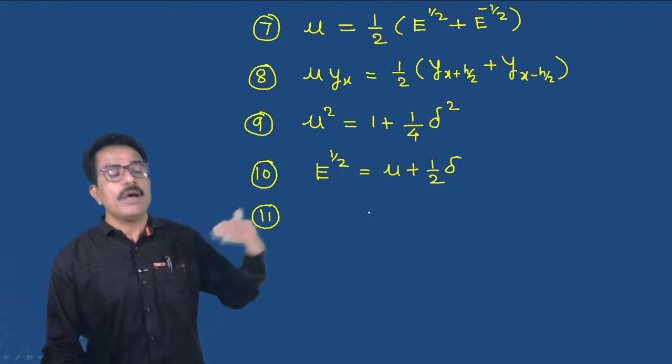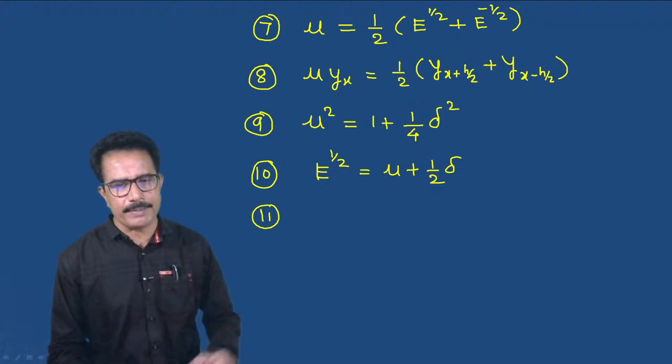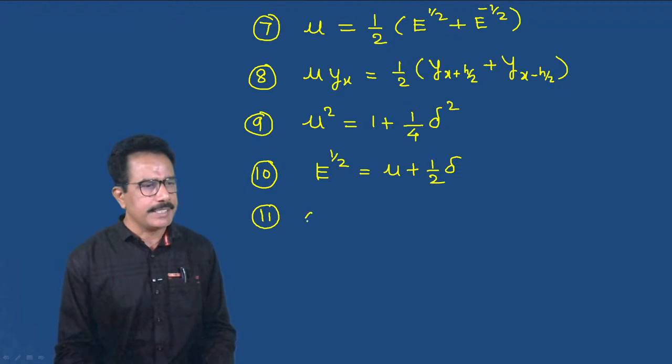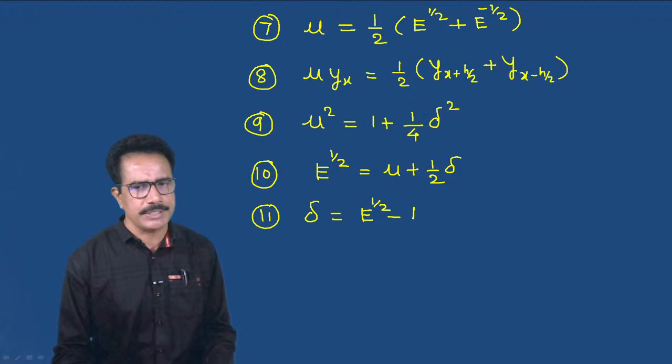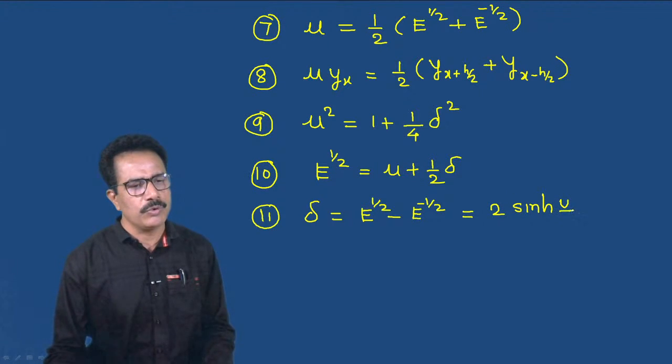11 नंबर. नाउ वी कॅन राईट दिस डेल्टा अँड म्यू इन टर्म्स ऑफ अ हायपरबोलिक फंक्शन, दॅट इज अ डेल्टा इज इक्वल्स टू e raised to 1 by 2 minus e raised to minus 1 by 2. So we can write this as a 2 into sin h u by 2.